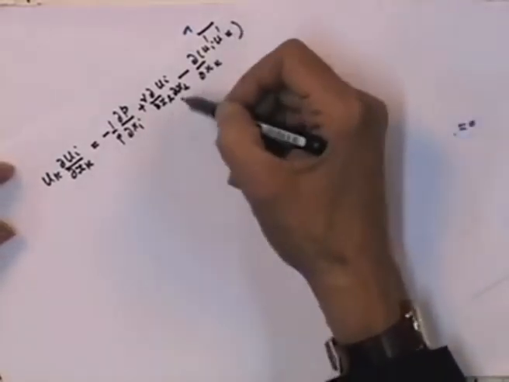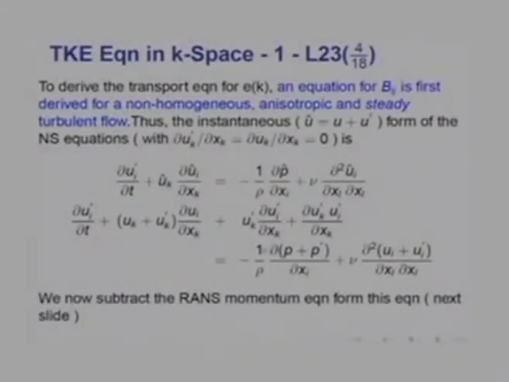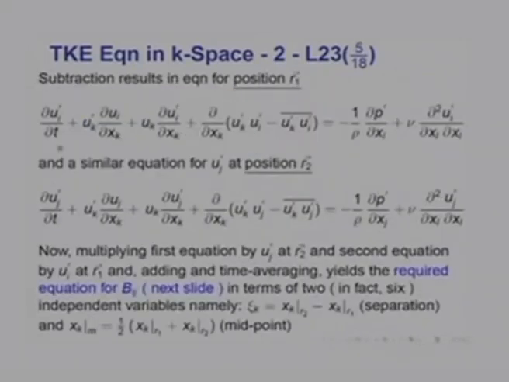So, if I subtract this equation from the equation that you see here, you will notice that I would get the following equation: du'_i/dt plus u'_k dU_i/dx_k plus U_k du'_i/dx_k plus d/dx_k of (u'_k u'_i minus the time average of u'_k u'_i) equal to minus 1 over rho dp'/dx_i plus nu d2u'_i/dx_l dx_l.